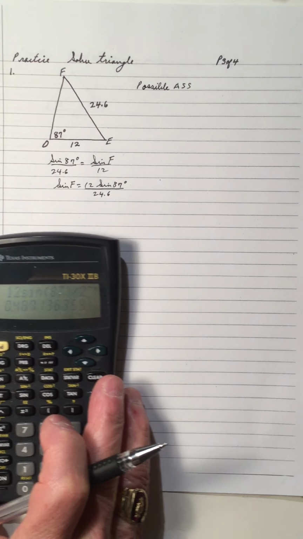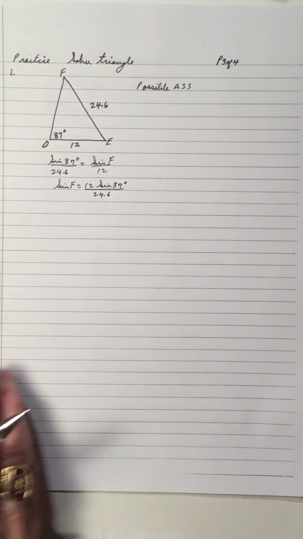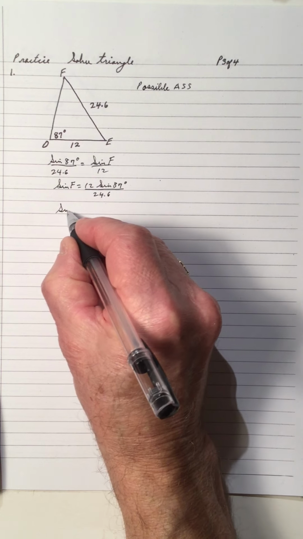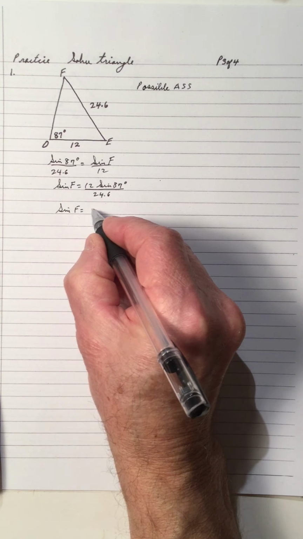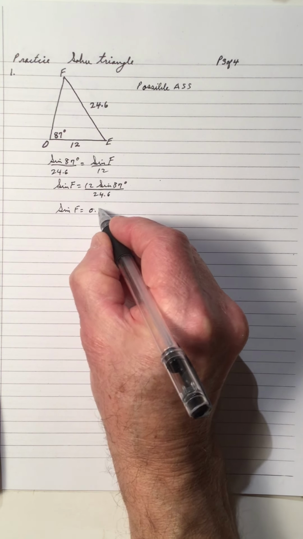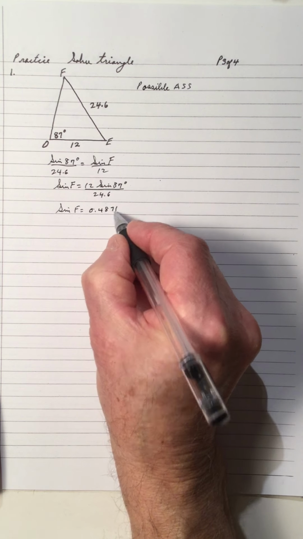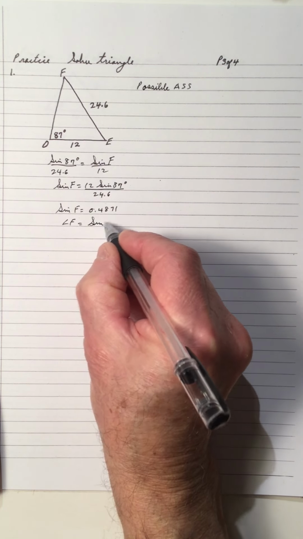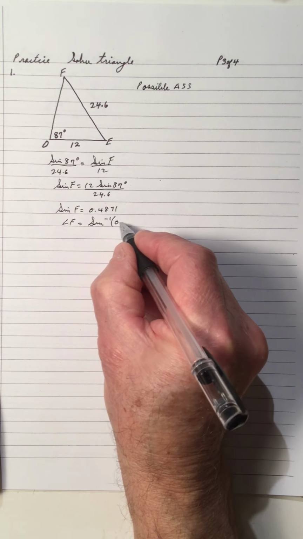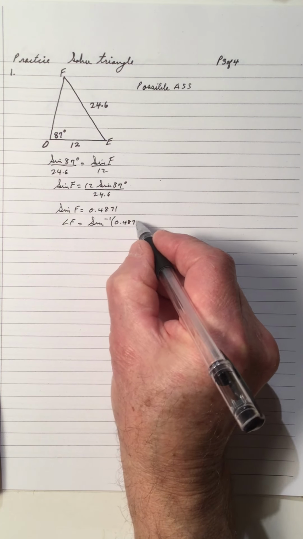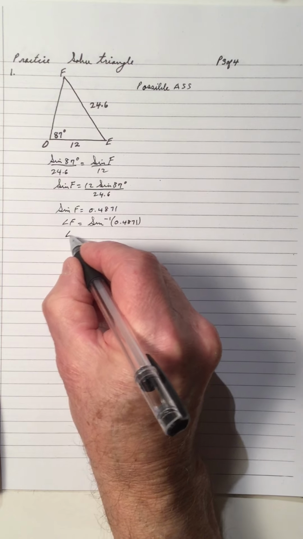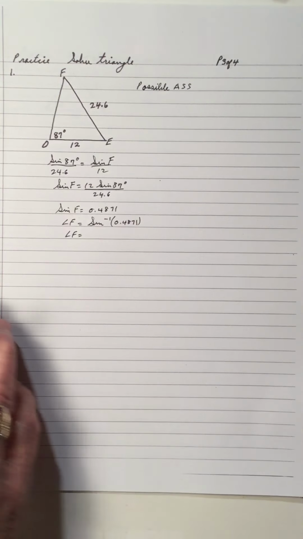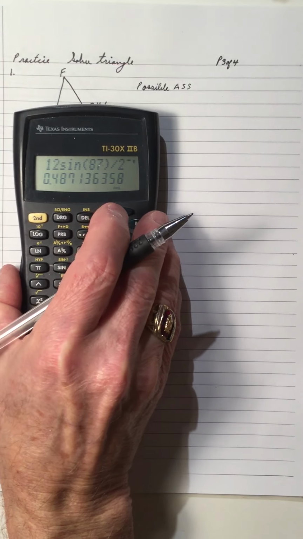So it gives us 0.4871. So the sine of F is 0.4871. So angle F is sine to the negative 1 of 0.4871, and we'll put that in the calculator.